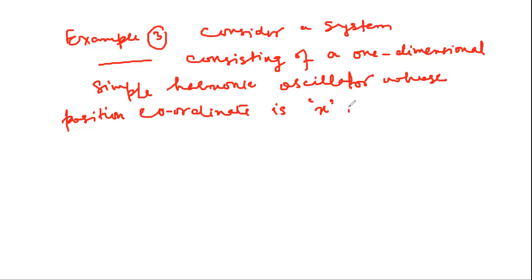So if I have such a system, I have a system which consists of a one-dimensional simple harmonic oscillator whose position coordinate is x. You know the definition of the simple harmonic oscillator.